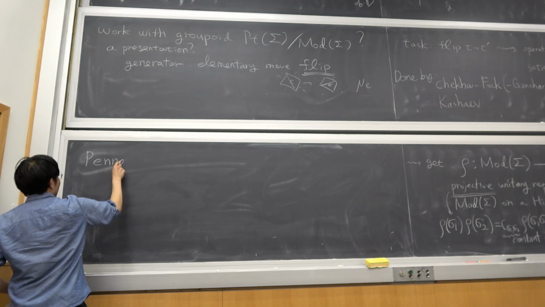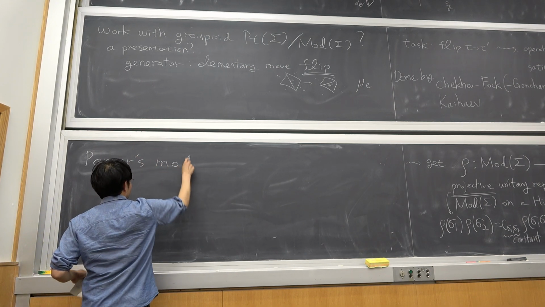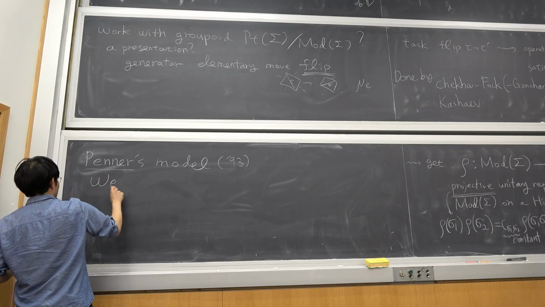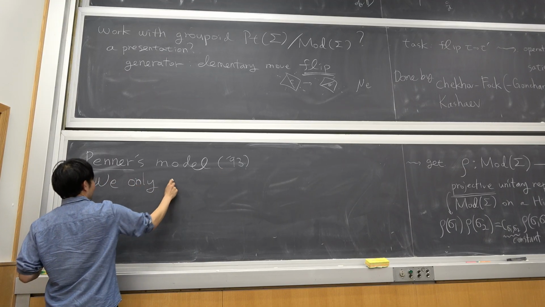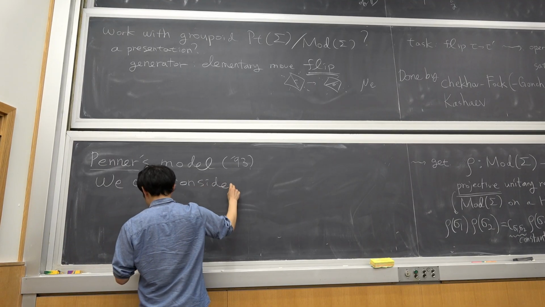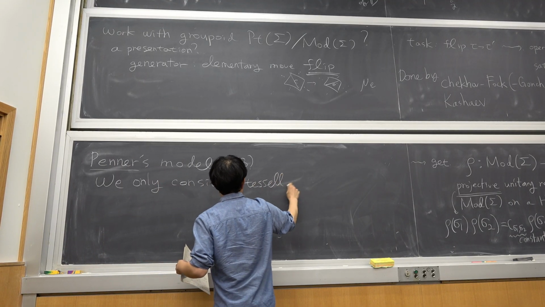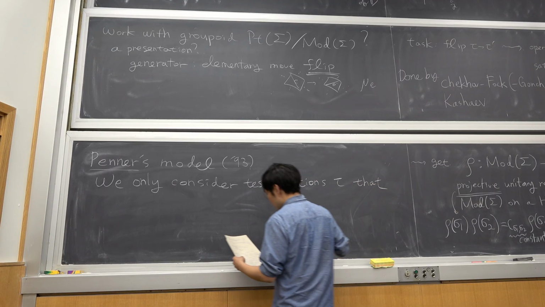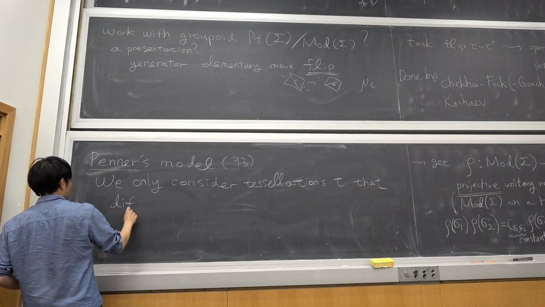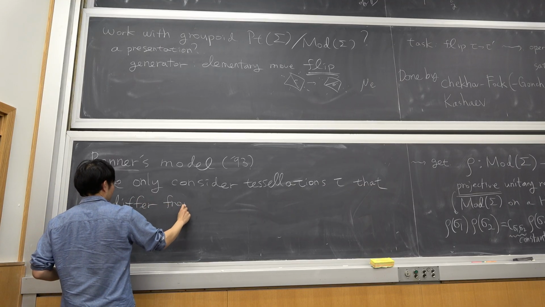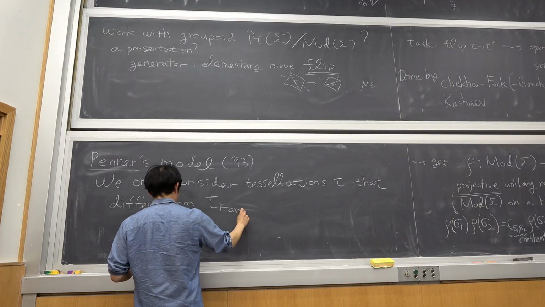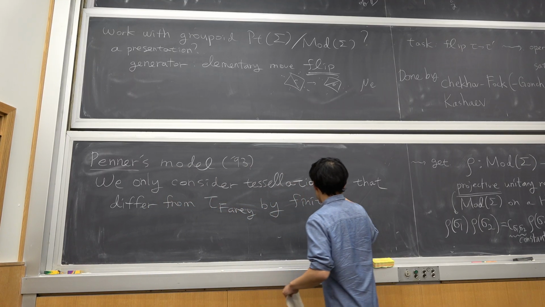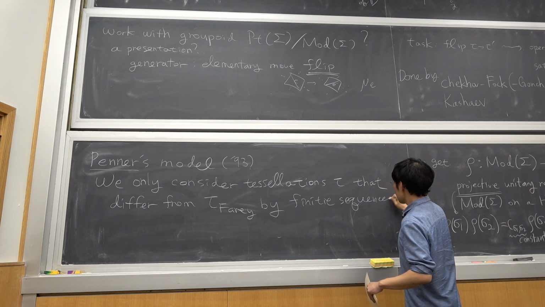So Penner's model, let's say from 93, is that we only consider tessellations tau that differ from the standard one by a finite sequence of flips.